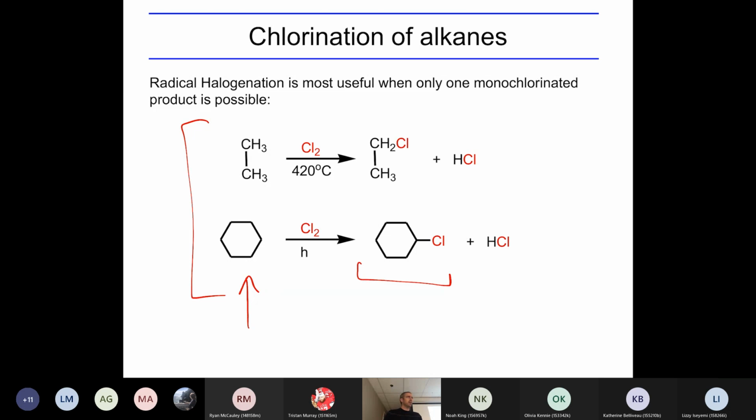This is a way to take a non-functional molecule, put a functional group on it, and then allow us to make anything we want out of it. So that's why these reactions are important and valuable. They functionalize an otherwise non-functional molecule. They allow us to turn it into something we can then manipulate and turn into whatever we would like.